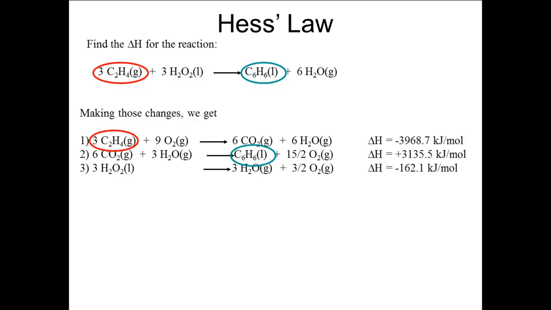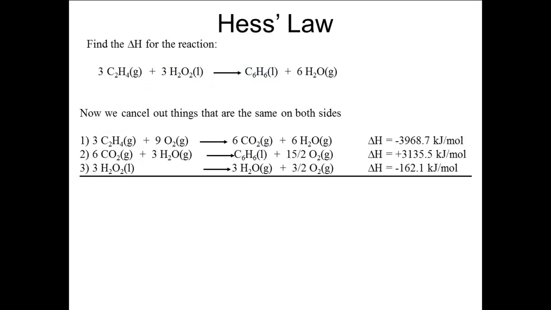And there are now 3 H2O2 liquids in the reactants, both in the reaction we want and in reaction 3. Now we need to add the reactions together to confirm that we actually get the reaction we're interested in.